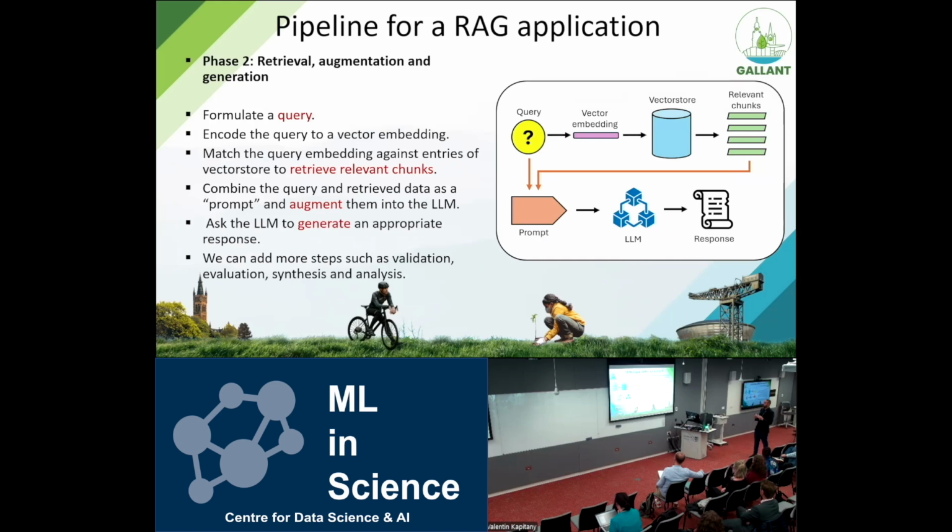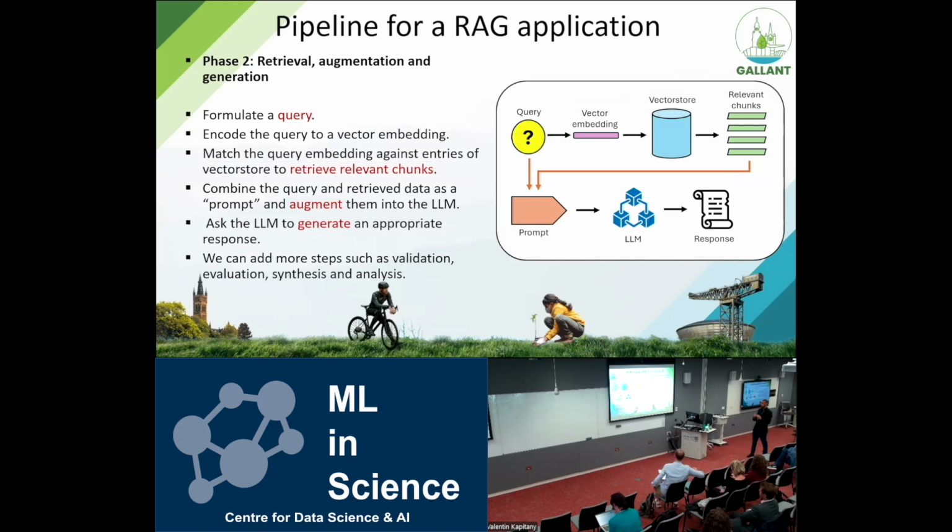In the second phase, we start with formulating a query which carries the specific information we are trying to seek. This query is then converted to a vector embedding using the same vector model. Once encoded, it can be matched against the entries of the vector store in order to retrieve the most relevant data chunks.